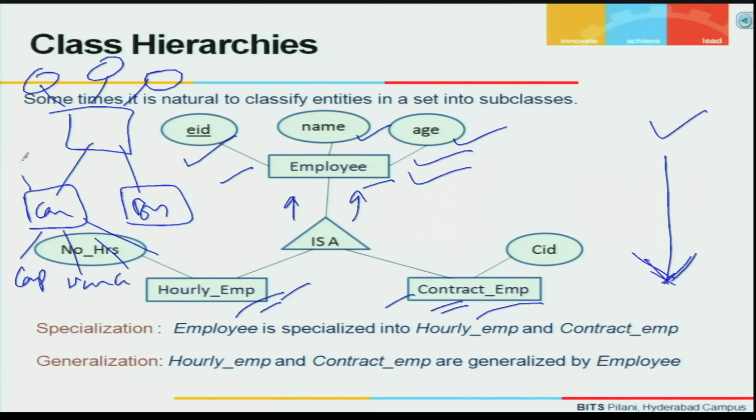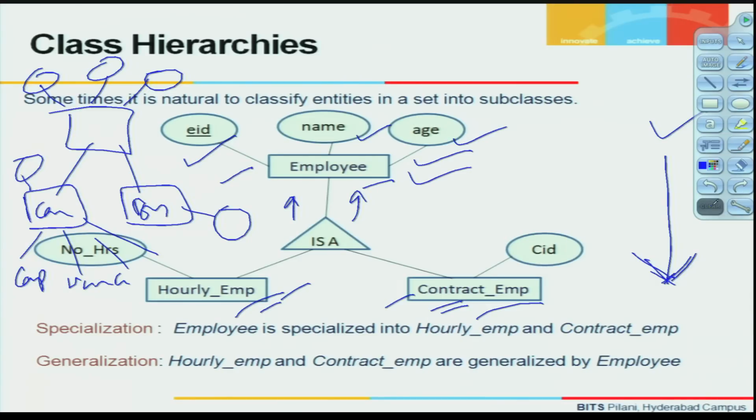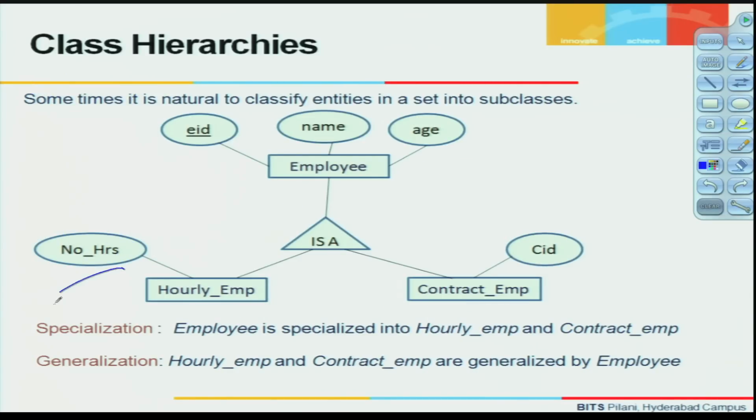The attributes very specific to the subclasses will remain with the subclasses themselves. In this example, the number of hours is a specific attribute that always has meaning with the hourly employee entity type, and contract employee also has a specific attribute called contract ID.